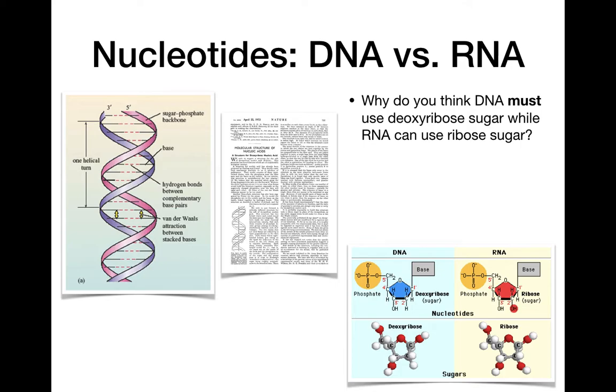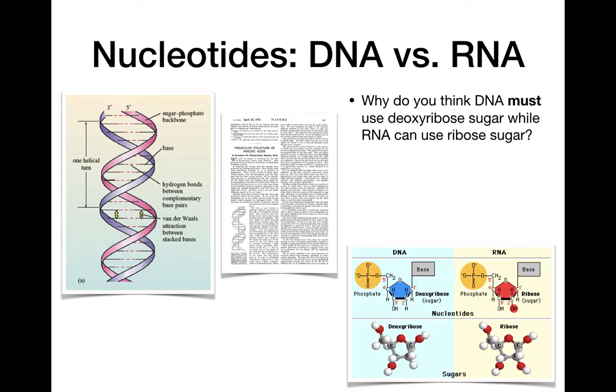So in order for it to fit and be able to come in this pattern here, the double helix, the extra oxygen on the ribose is actually slightly too large to fit in this helical shape. So we have to have just a deoxyribose sugar for DNA. So a deoxyribose is the ribose minus an oxygen.